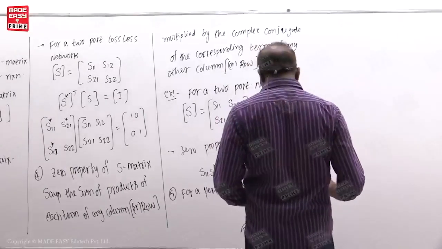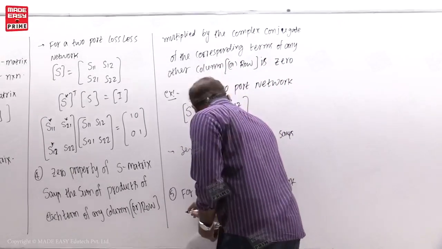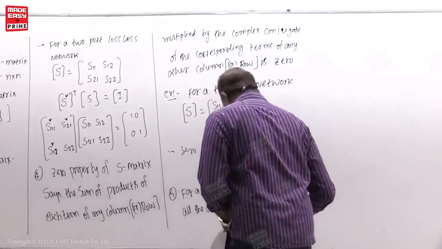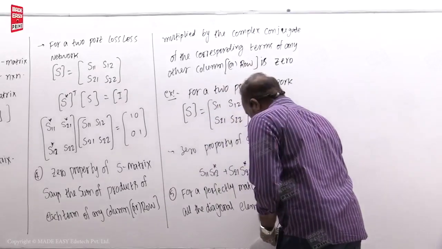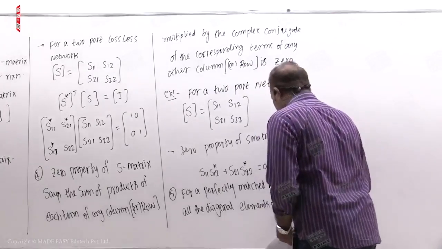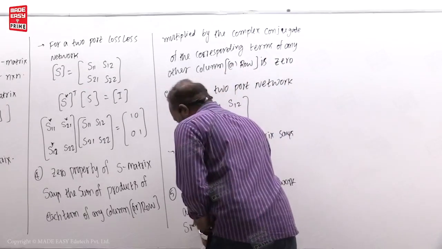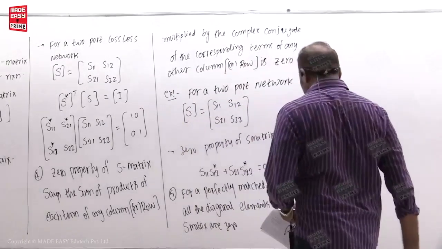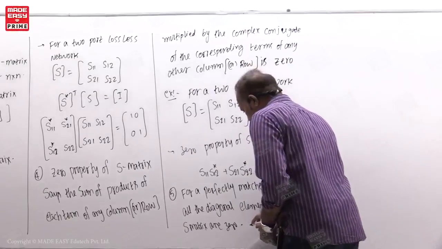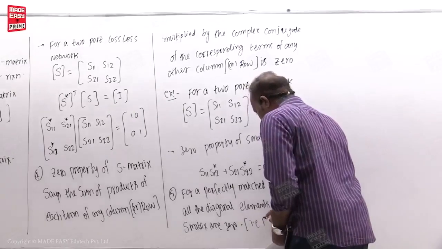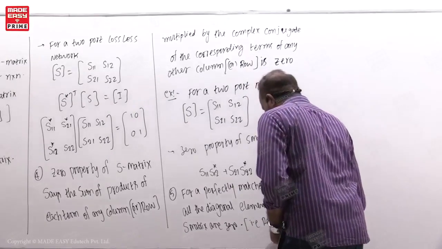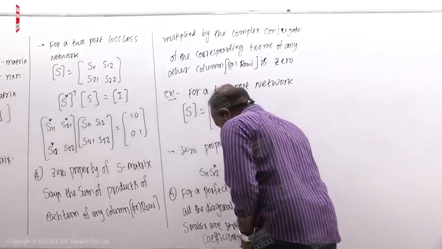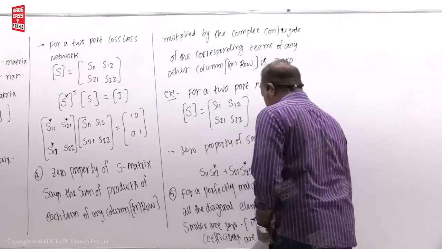So for a perfectly matched network, all the diagonal elements of S matrix are 0. That is, reflection coefficients are 0.